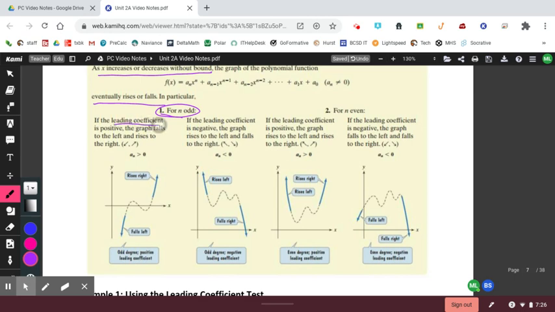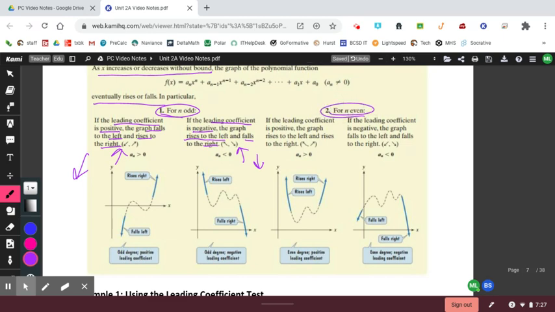If the leading coefficient is positive, the graph falls to the left and rises to the right. So it starts low, ends high. That's for a positive leading coefficient. If you have a leading coefficient that's negative, the graph rises to the left and falls to the right. Again, we're talking just the ends.